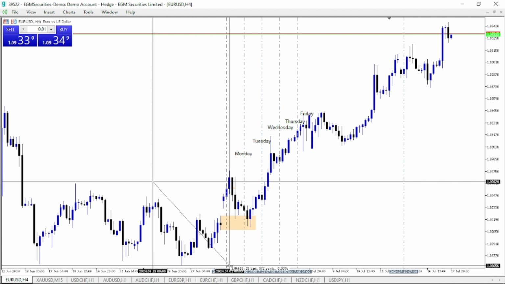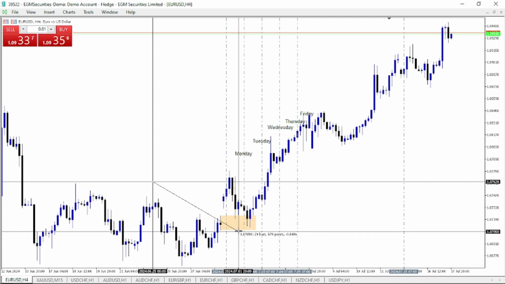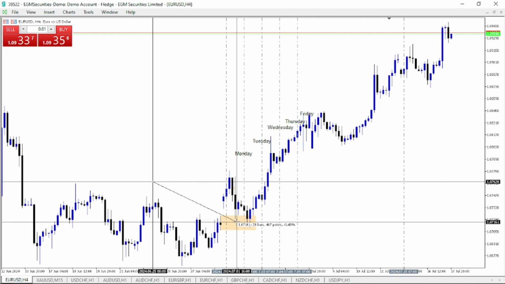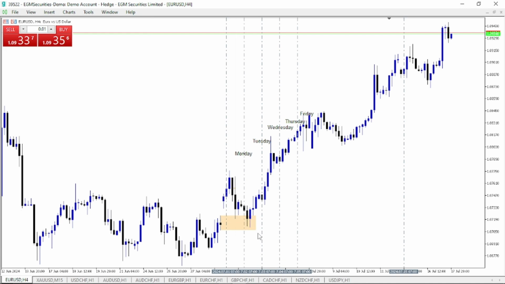You can see the consolidation is 972, so half of that will be 430. So they need to come down to the equilibrium of the consolidation, then take the market up.